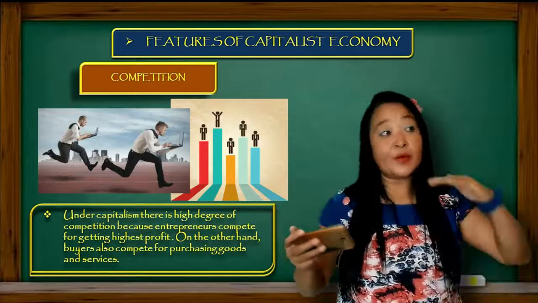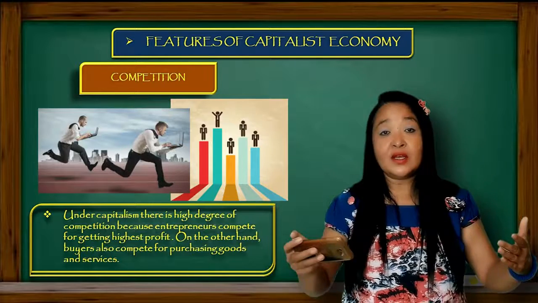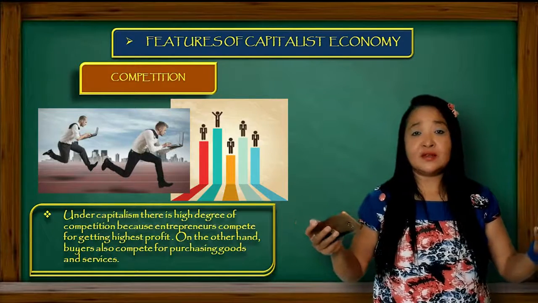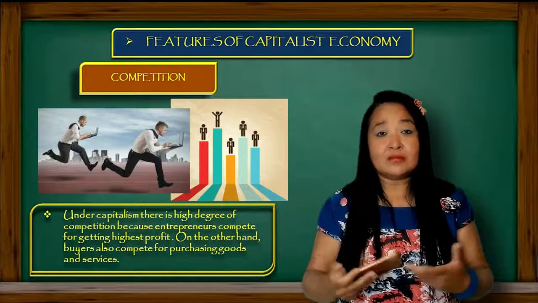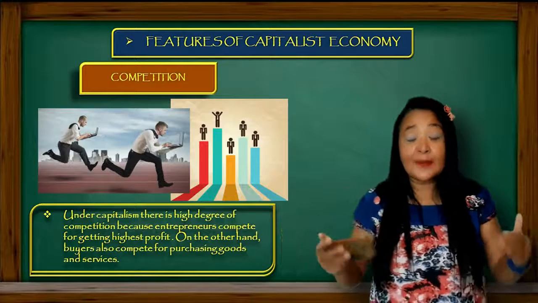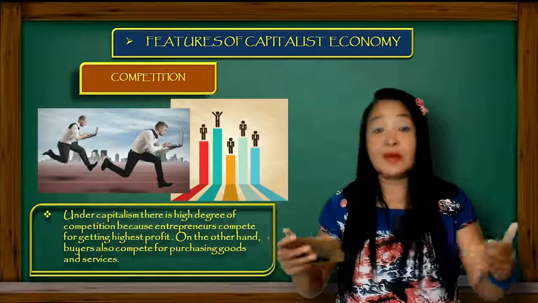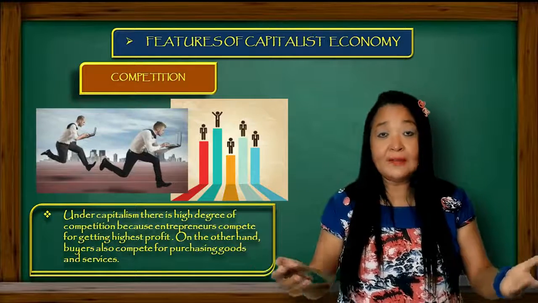Producers compete among themselves to get the highest profit. The main motive of the producers is what? To earn as much profit as possible, right? So in capitalism, producers compete among themselves to get as much profit as they want.